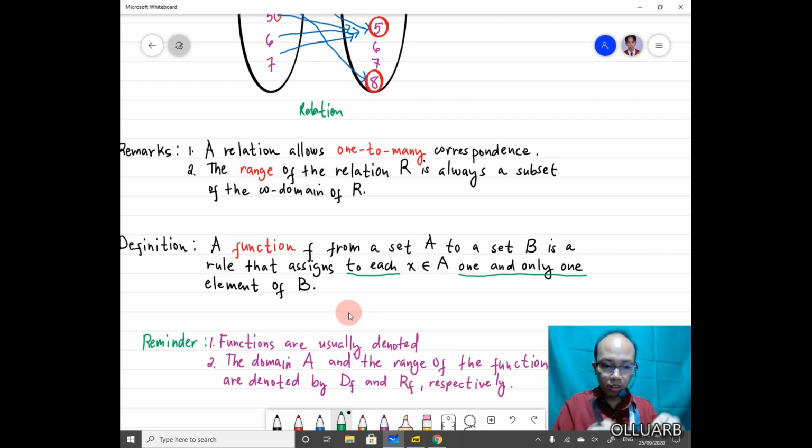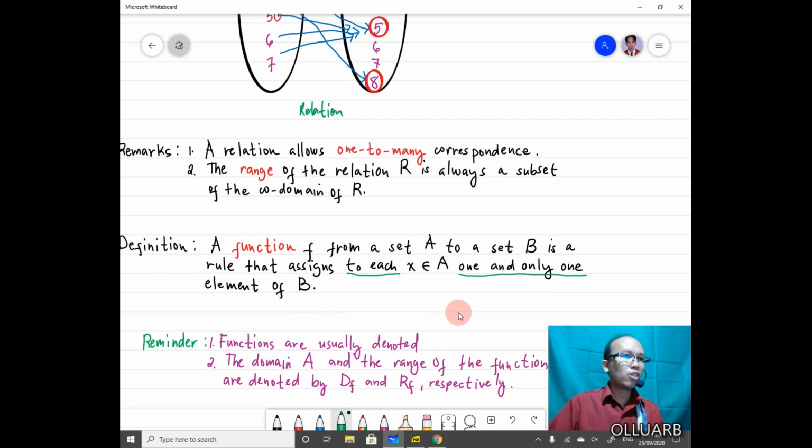It doesn't matter if all the x's, all objects in the domain, choose only one element in y, as long as there is only one arrow. That's what we mean by a function.